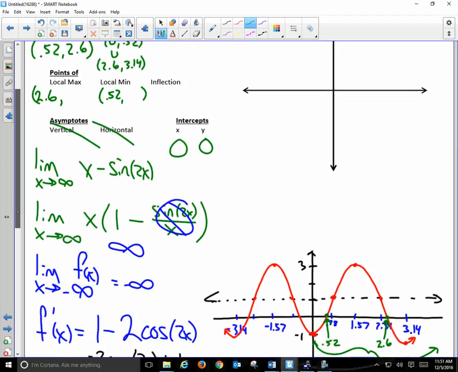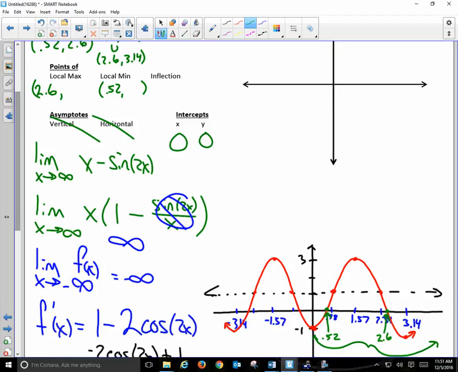And then I want you to think about inflection here, okay? How would I represent the second derivative of this? What would I do to show a second derivative? Draw the tangent lines. Where would a tangent line here have a slope of 0? At 3.14, right?